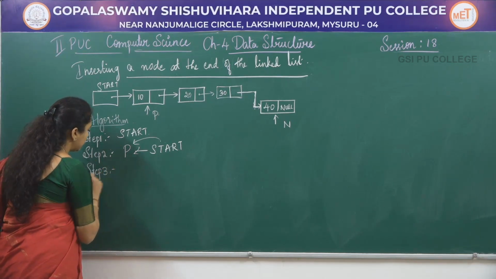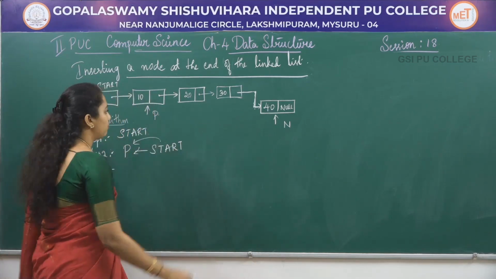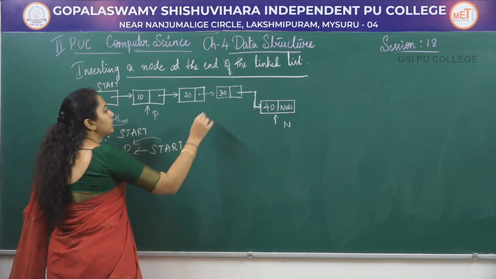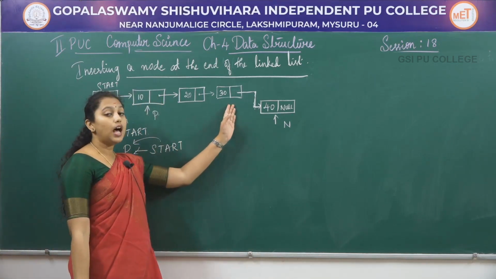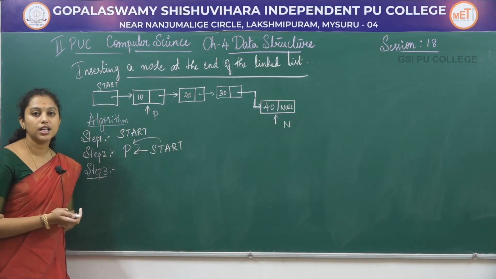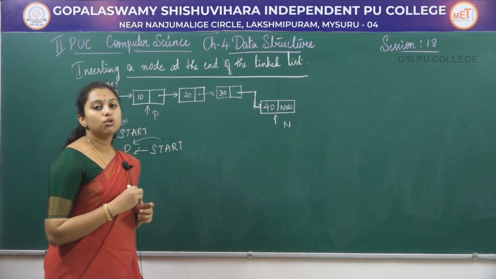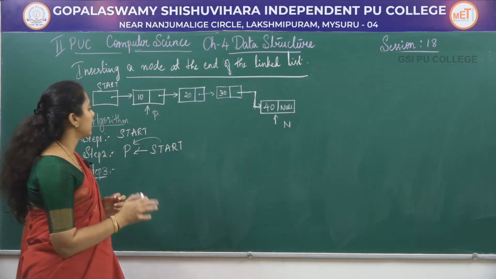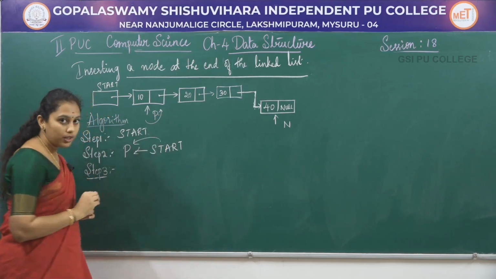To insert an item at the end of the linked list, first we have to traverse all the nodes of the linked list to find the last node. What is the meaning of traversal? Traversal is nothing but visiting each node of the linked list exactly once. First I am going to visit this node.